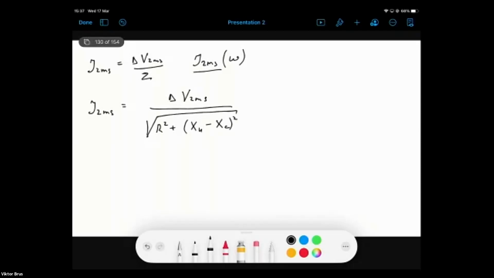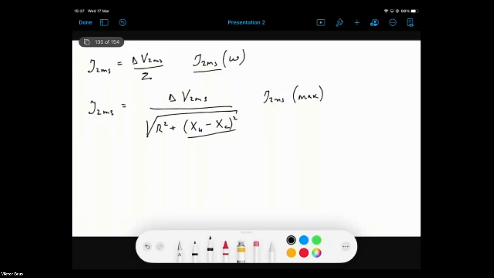So obviously we see that IRMS will reach its maximum value when we will have the smallest possible denominator. And that means when this difference will give us 0.